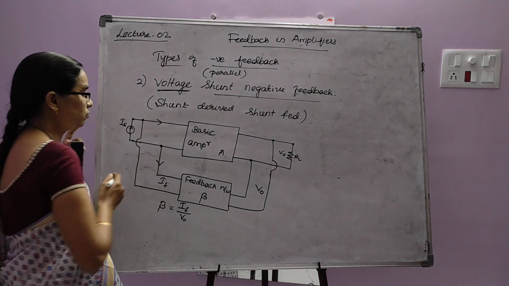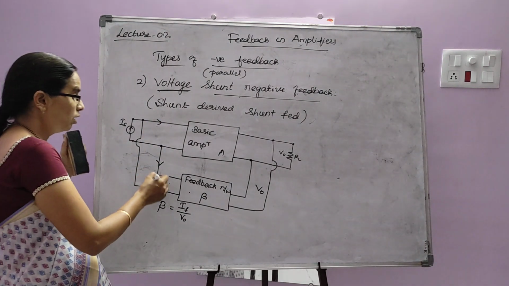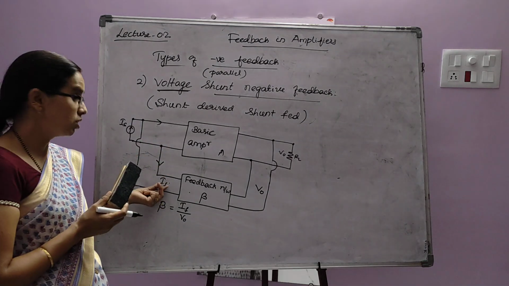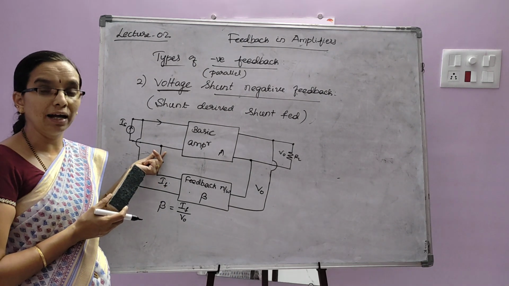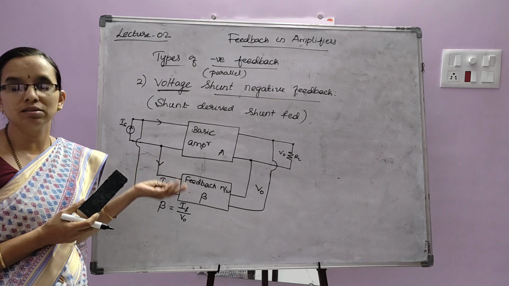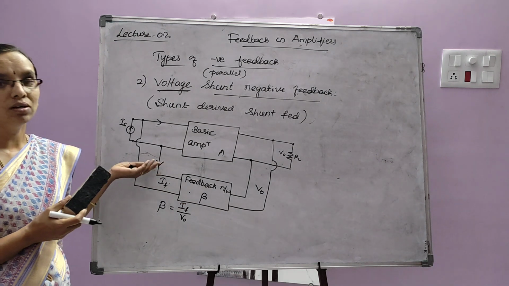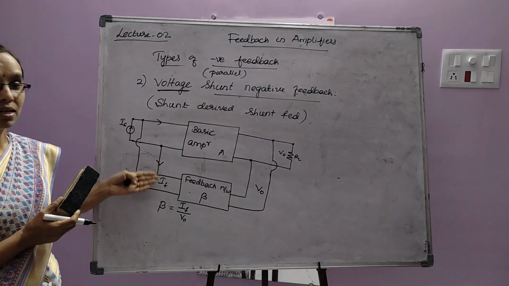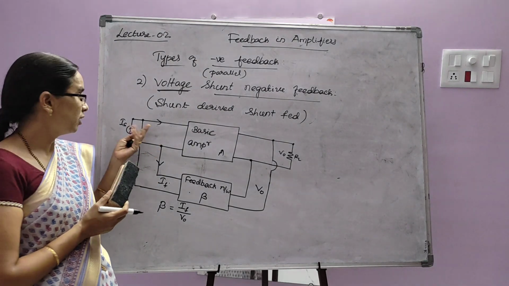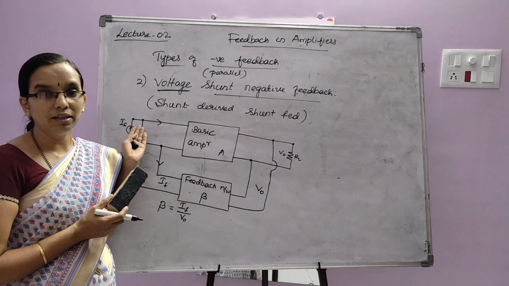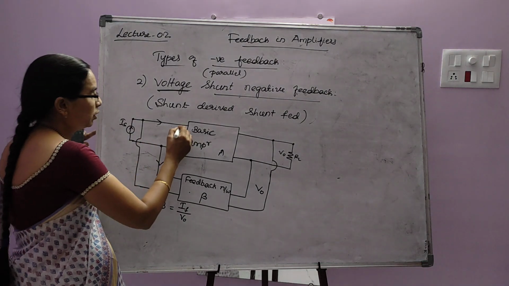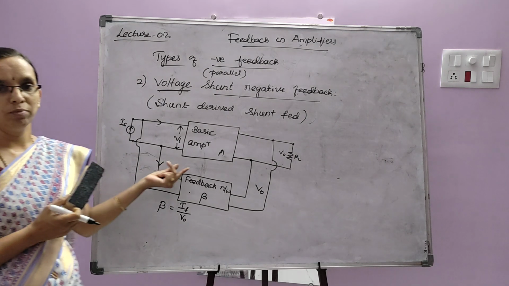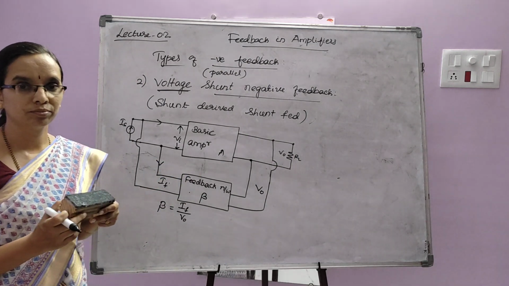If the input current is flowing in this direction, the feedback correction current, which is feeding it back to the input, will be out of phase. That means opposite in direction, right? So obviously it is negative feedback. These currents will be subtracted from the source current, and that proportional voltage is fed into the basic amplifier, into input. Okay.